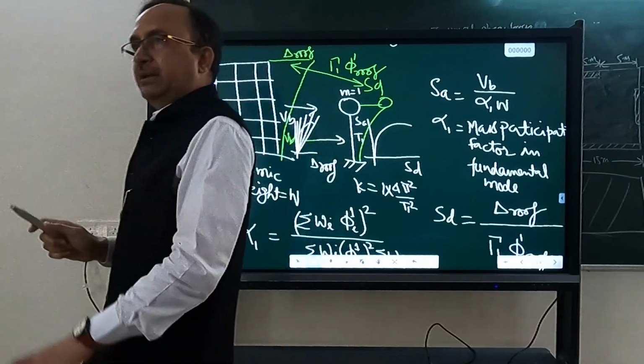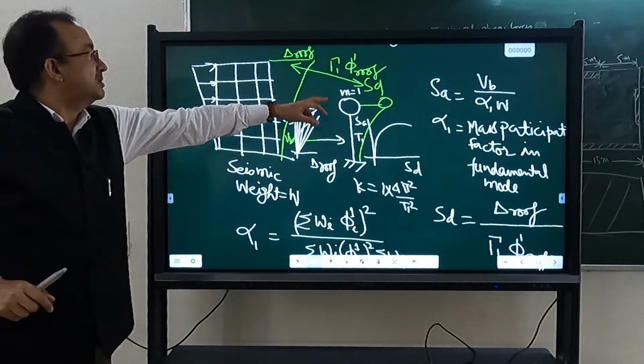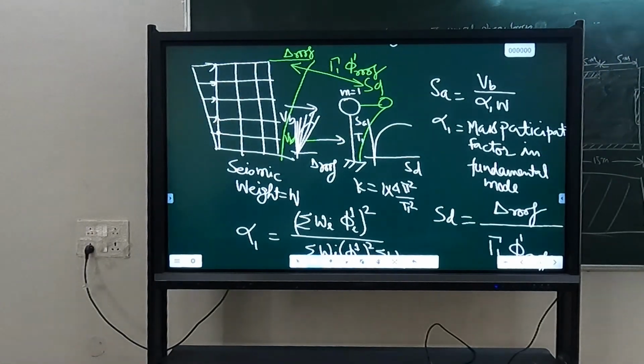If it is having the same period, the relationship between this displacement and this displacement will be the same. We don't need any other term.